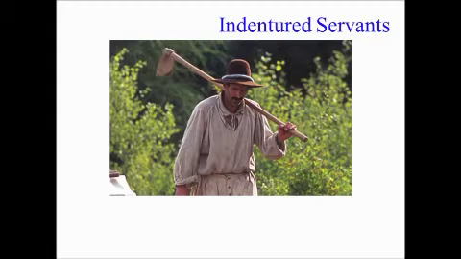Most indentures, or contract servants, were for 6 to 8 years, and if the indentured servant finished their contract, they had to be freed and given some land to go and farm on their own.